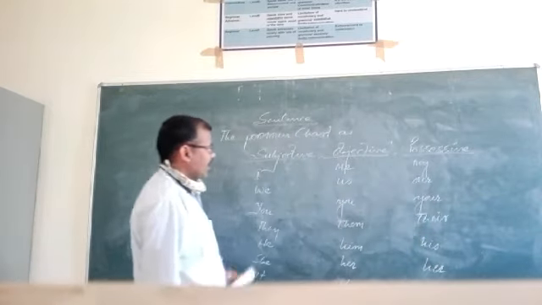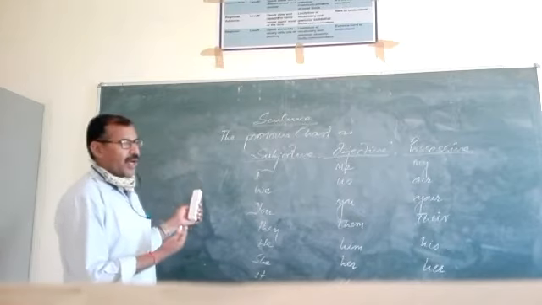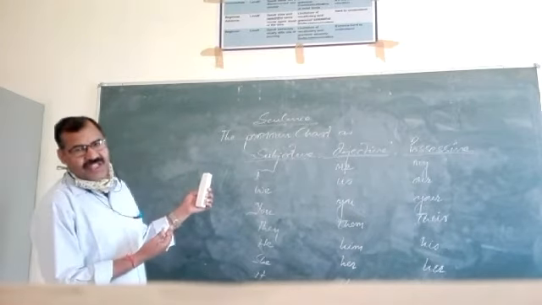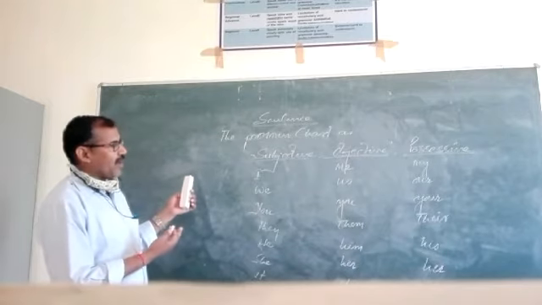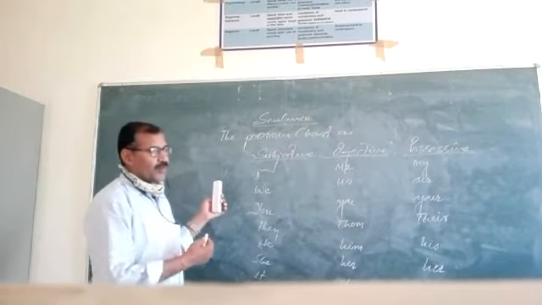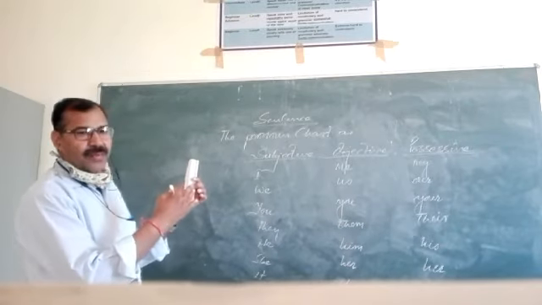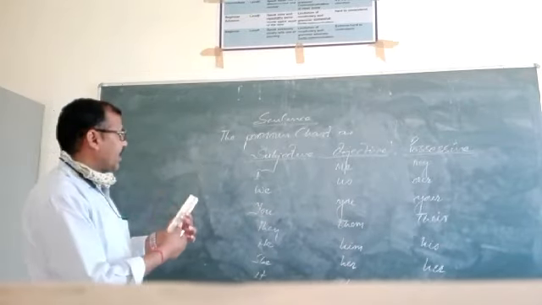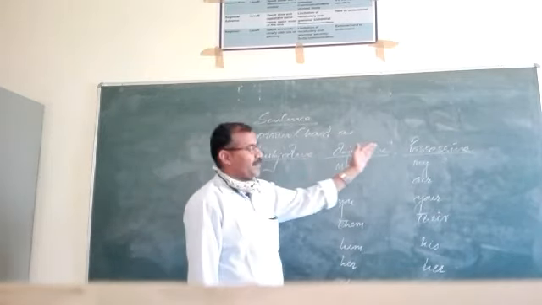Okay. Now you can judge the forms of pronoun according to the feature. We find out the forms of the pronoun here. These are the forms of pronoun, but these are different from each other. Like here, the subjective form is different from the objective and the possessive.